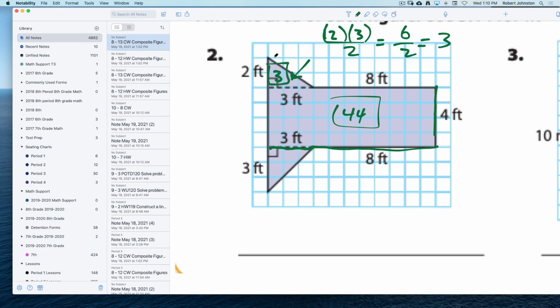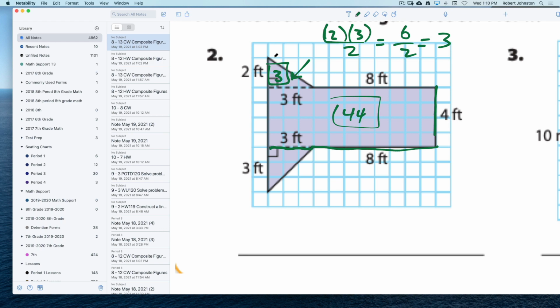So wouldn't you just do base times height, like 8 times 4? I cut this up into a big rectangle and then 2 triangles. There are other ways to do it, but in this way we only have to find 3 shapes.